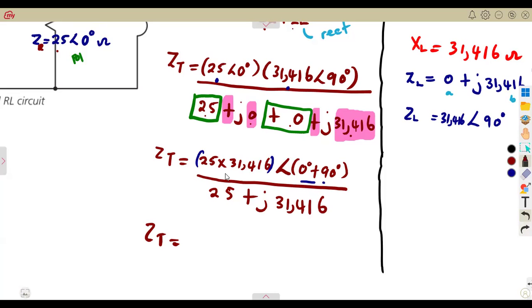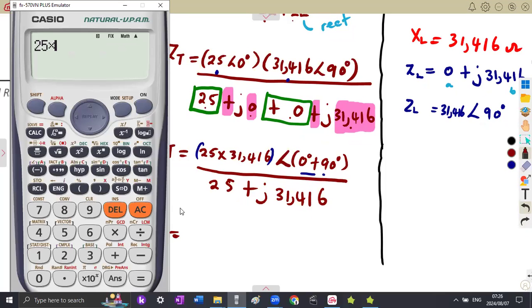If we are to multiply, let me just use my calculator. That's 25 times 31,416. Already my calculator is fixed to 3 decimal places, that's why you see my answers to 3 decimal places. So it's going to be 785,4.